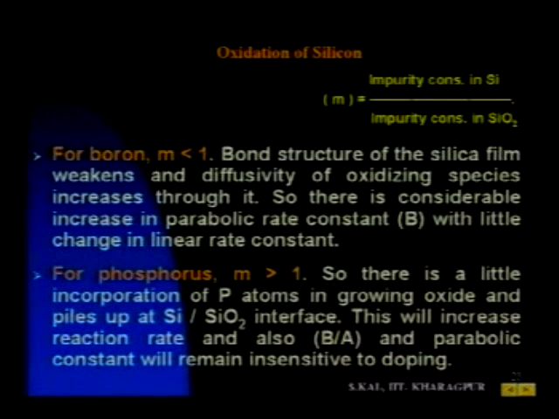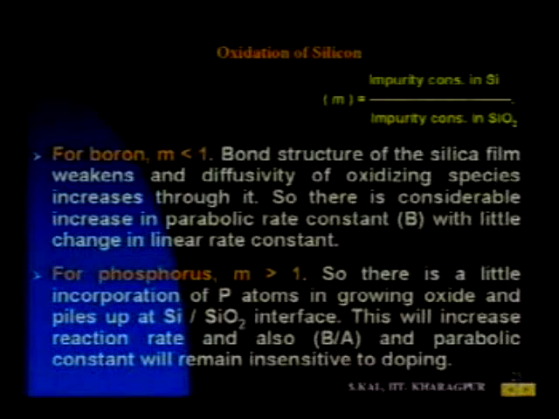So, as the piling up increases, that will increase the reaction rate. And what reaction rate? That is the surface reaction rate, because a lot of phosphorus atoms are piled at the interface. So, that means the surface property is going to change. So, what surface? Silicon surface. A lot of phosphorus atoms accumulate there. So, which parameter will be affected? Surface reaction rate constant parameter will be affected. So, the B by A value will change in case of phosphorus, and the parabolic constant will remain insensitive to doping.